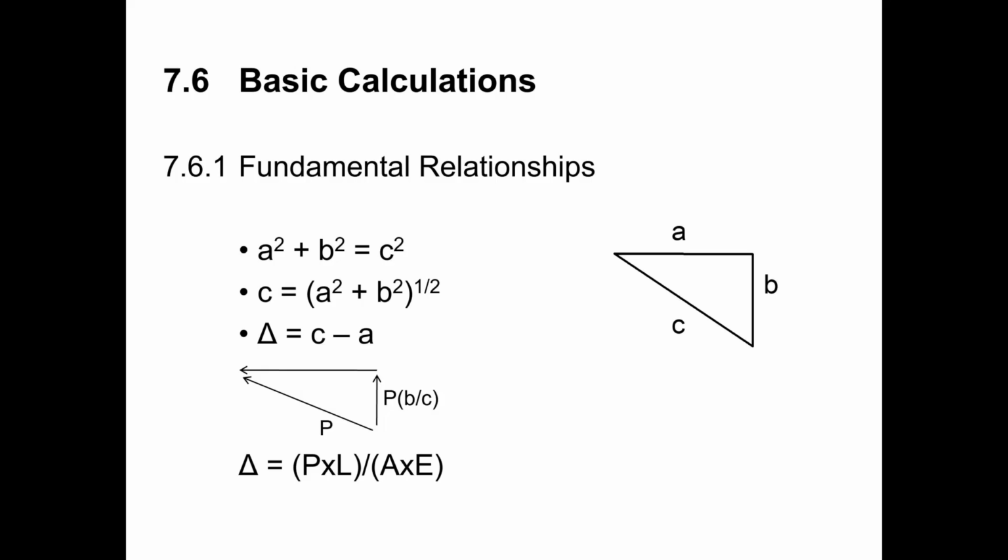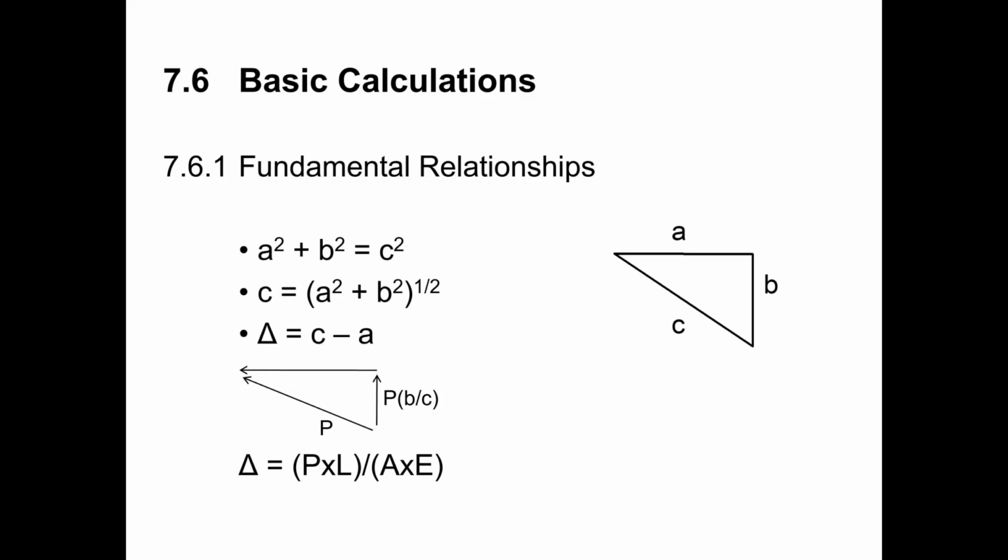So the vertical force at my hold up and my hold down location has nothing to do with the amount of force that the strand is going to gain when I go from the straight position to the draped position. I'm going to calculate those two things, both of them using C, but beyond that, there's no relationship between that vertical force at my hold up and hold down locations and the increase in force in the strand when I go from straight to draped.